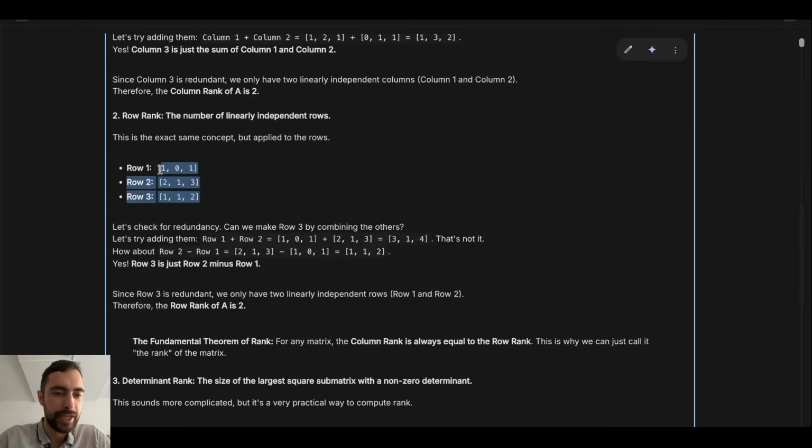In this other matrix, row 3 is just equal to row 2 minus row 1. So row 3 is not holding any additional information, it is dependent, while these 2 are linearly independent. So the rank here is 2. So we can say that this row is useless because it doesn't provide any additional information.